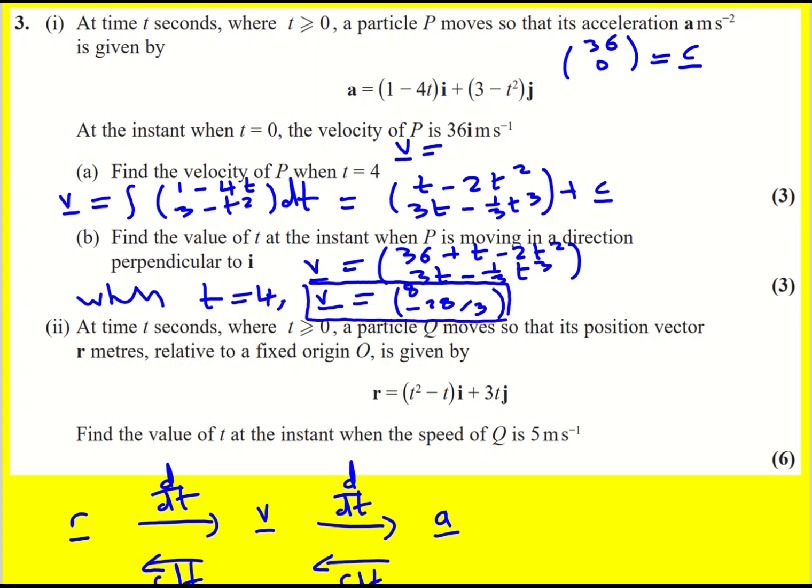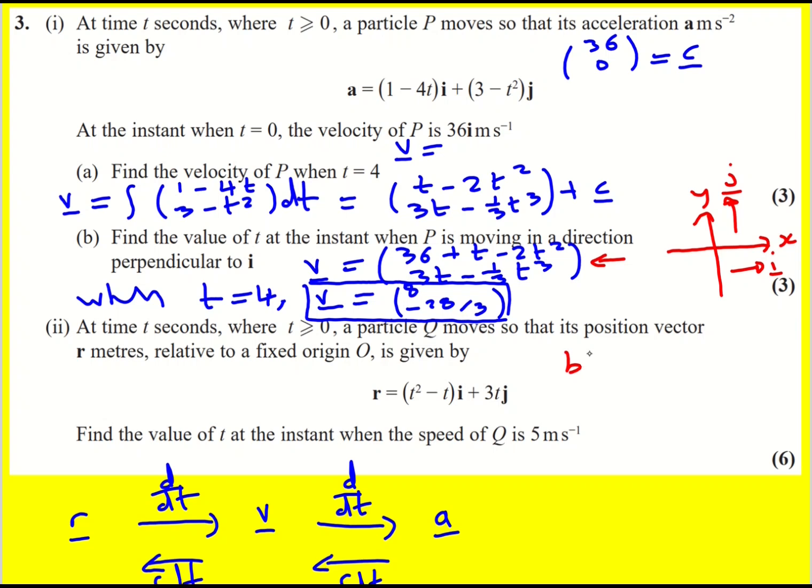For b, we're asked to find the value of t at the instant when p is moving in a direction perpendicular to i. So if I've got my axes here, x and y, i is in the direction of x, so if it's perpendicular, we're looking for it to be in the direction of j, or in the direction of y. So what we can do is take our velocity, which we have here, and just set the x component equal to 0.